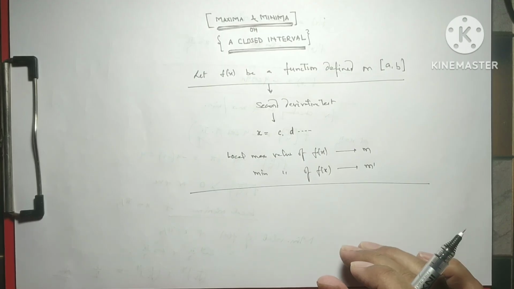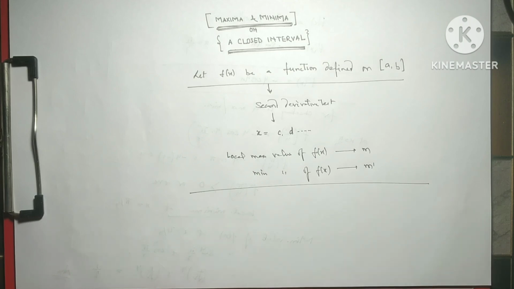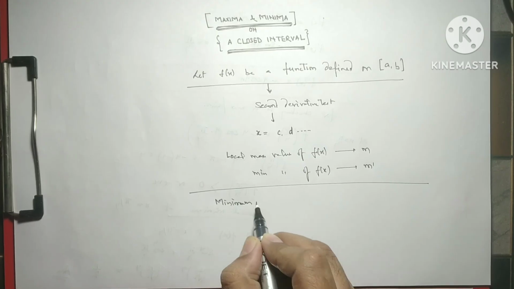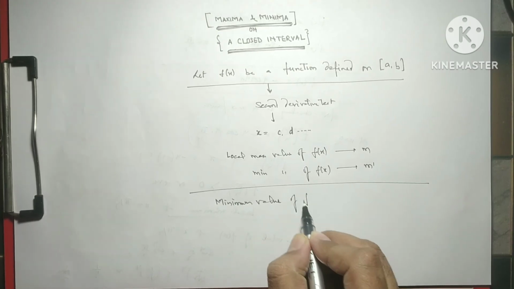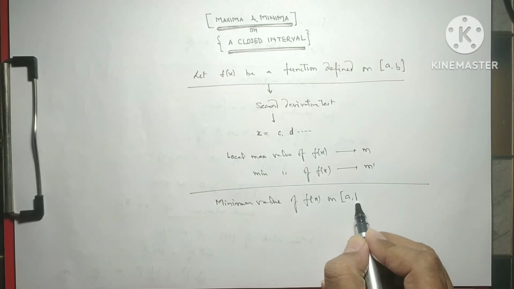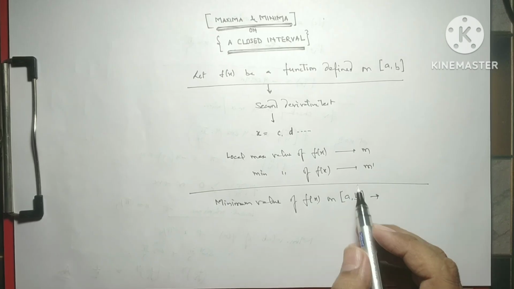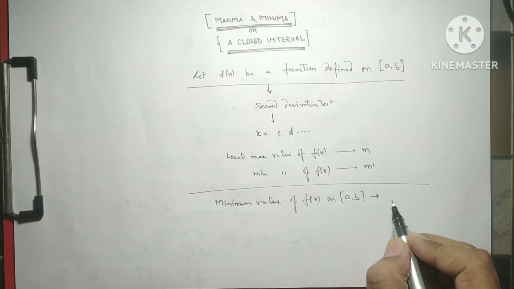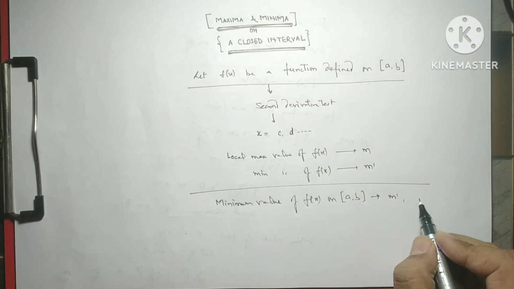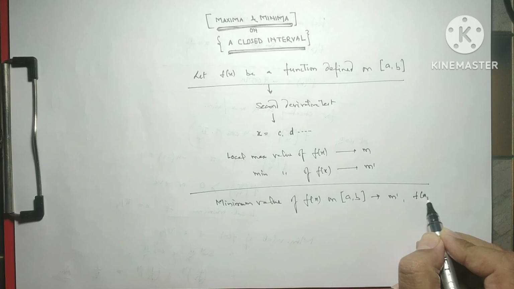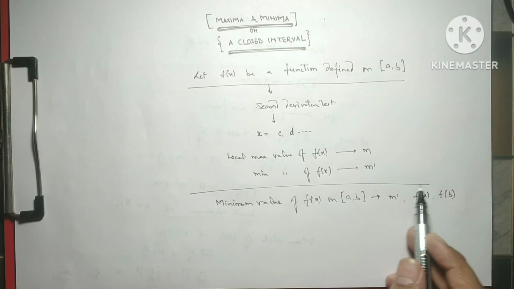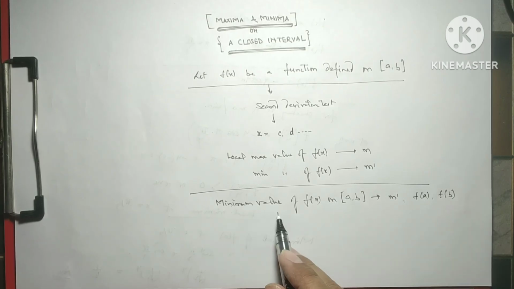So the minimum value of f(x) on closed interval [a, b] will be m dash, and when we put a and b in function, we get two more values, f(a) and f(b). So we will collect the least value in these, and that will be the minimum value.